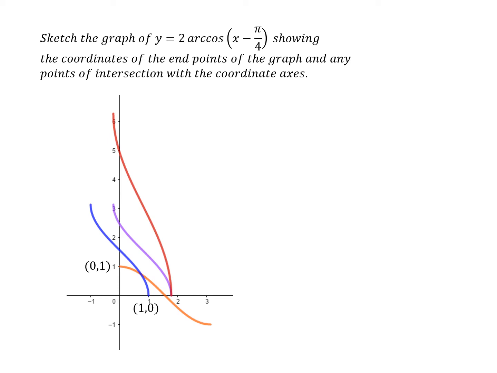And then when we translate the graph by pi over 4 units in the positive x direction, that becomes (1 plus pi over 4, 0), and multiplying by 2 really is just multiplying the y value by 2, and 0 times 2 is 0. So that's the end point of the red graph there.